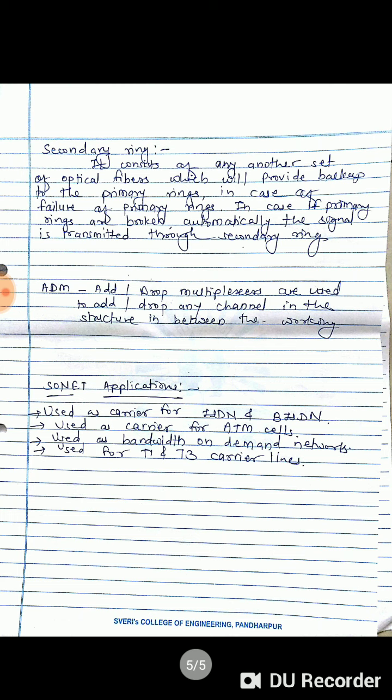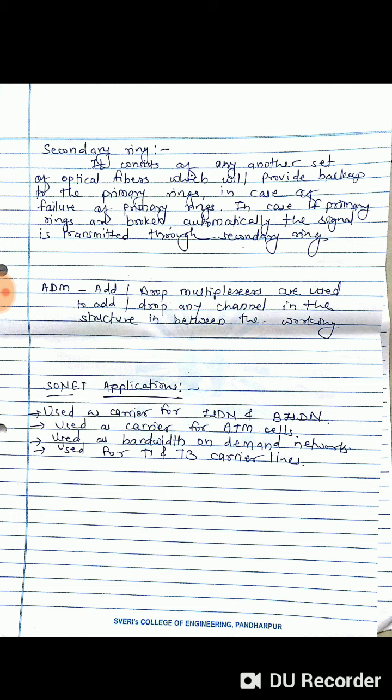Then the secondary ring also consists of another set of optical fiber which provides the backup to the primary ring in case of failure of the primary ring. In case the primary ring is broken, the signal is automatically transmitted through the secondary ring. That is the basic point.